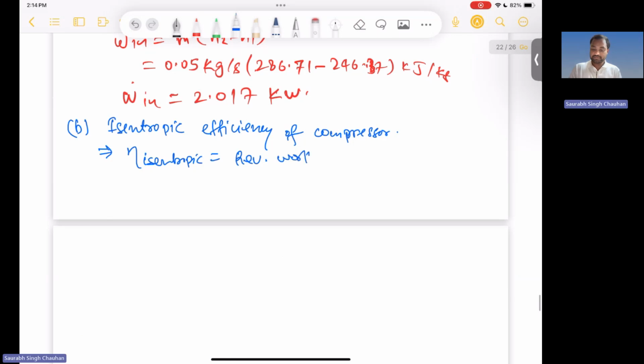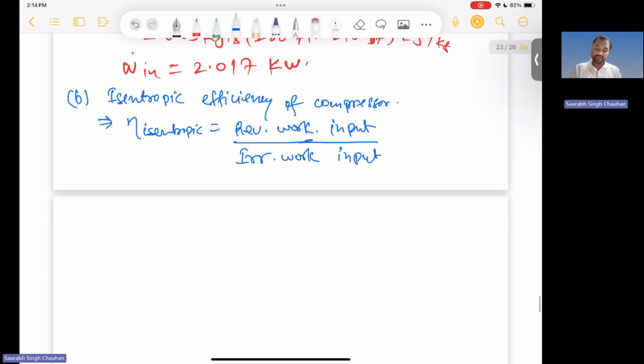That is reversible work divided by irreversible work input. And what will be the reversible work input?